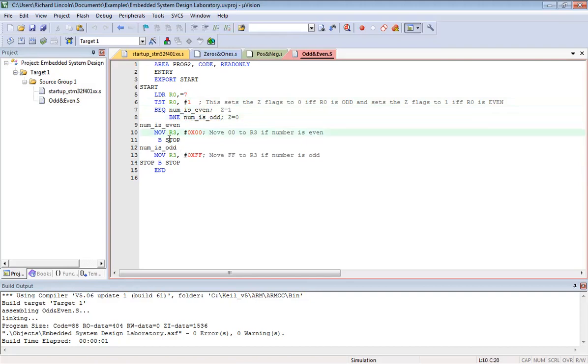So the same concept here, it is altering the value of the zero flag, and if it is even, then I'm going to move 00 to R3, and if it's odd, then I'm going to move FF to R3. So we will get into the execution.